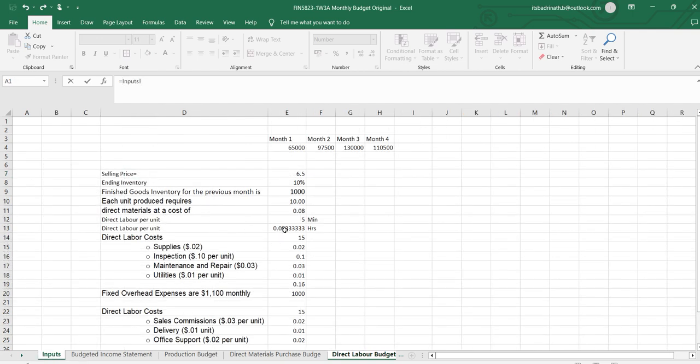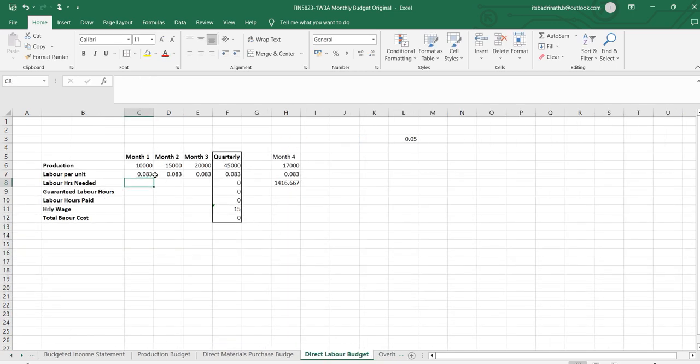I take the transformed value, 5 minutes converted into hours. The same value will be used in all the weeks, so I made it a static reference, copied it and pasted it. This is how we do it.